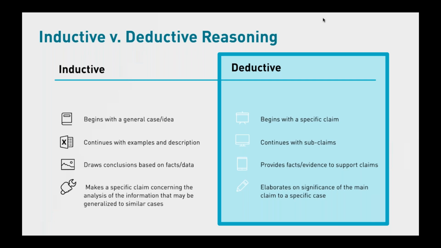So you can see here how inductive reasoning sort of goes better with expository and analytical writing than argumentative writing. If you're writing argumentatively, deductive reasoning is largely the way to go. It begins with a specific claim, or that argument we were identifying in the thesis statement. From there, it will continue with subclaims, about one claim per paragraph, and it will provide evidence in each one of those individual claims to support them.